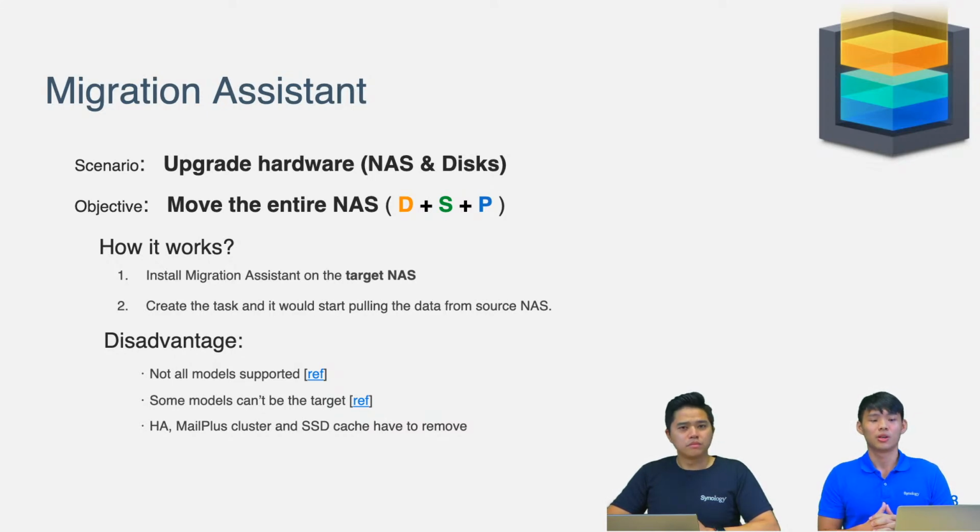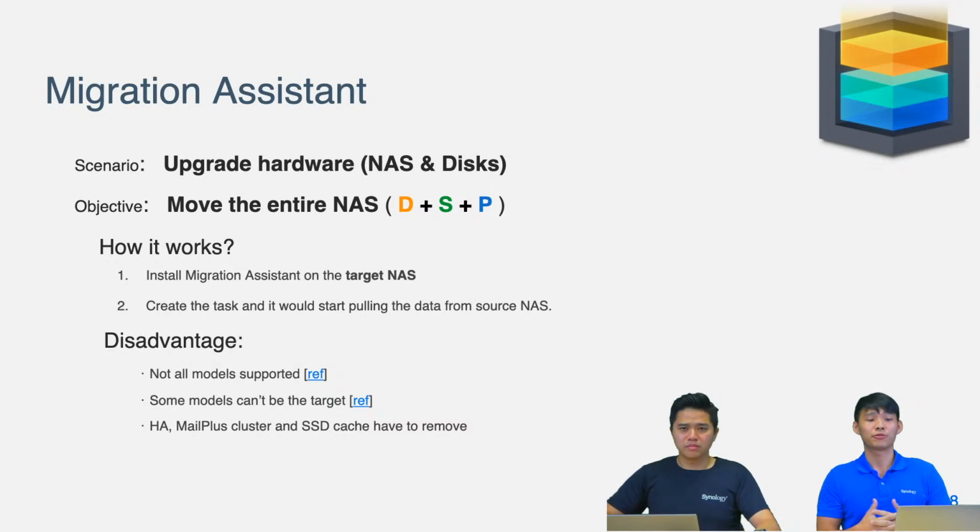In other words, you have to unbind the HA cluster and MailPlus cluster and remove the SSD cache before setting up Migration Assistant. Hold on a second. Unbinding HA cluster? That sounds pretty risky. So if I don't want to take this risk, do I have another option?